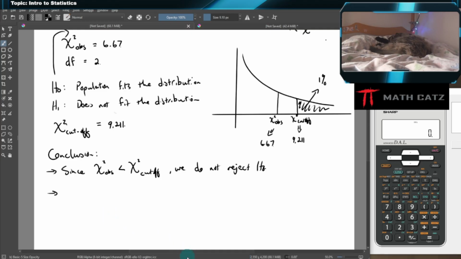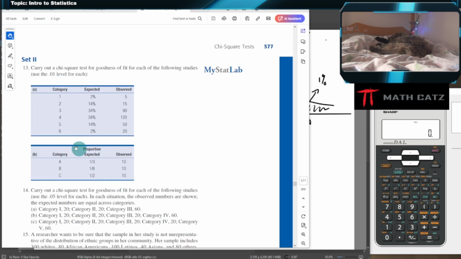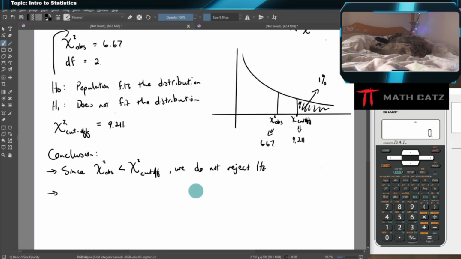I also like to write the conclusion as if, now this one doesn't necessarily come from a word problem, but they sometimes have more flavor and more background to them. And I want to say it in more plain English, essentially.